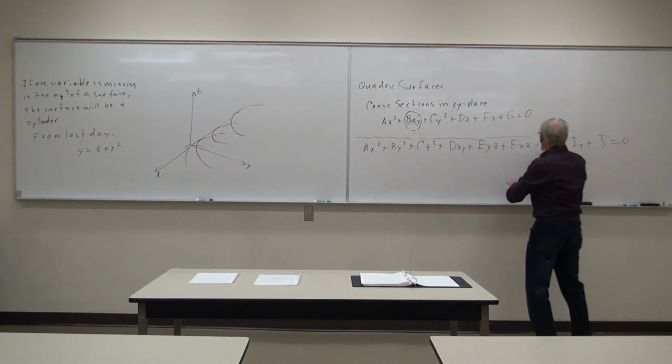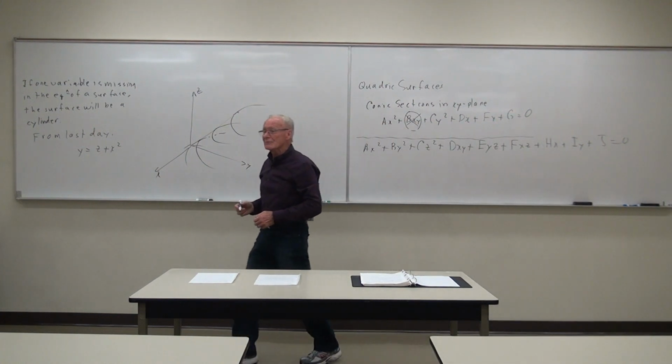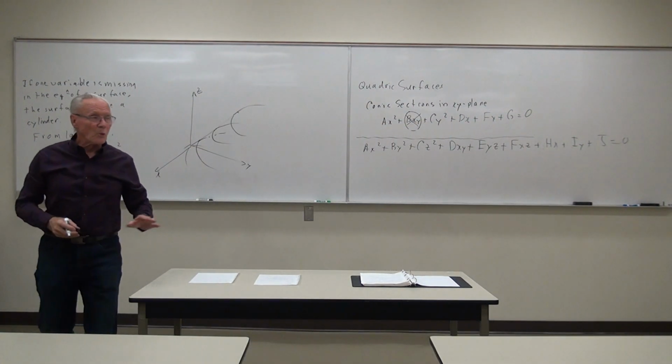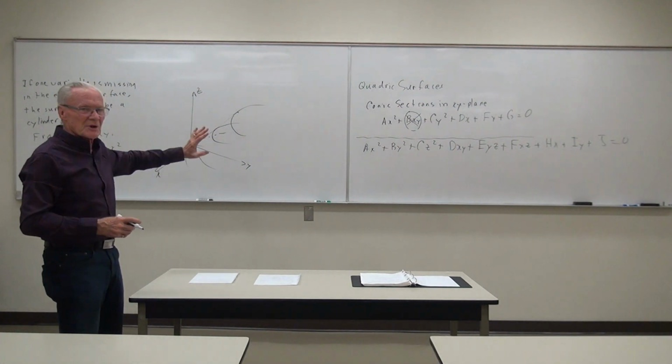So that's the counterpart of this one when you've got 3 variables instead of 2. We don't want to consider this in this great generality. That's just too much of an undertaking.